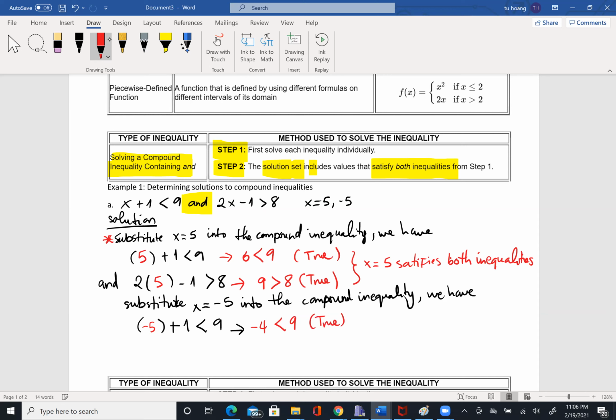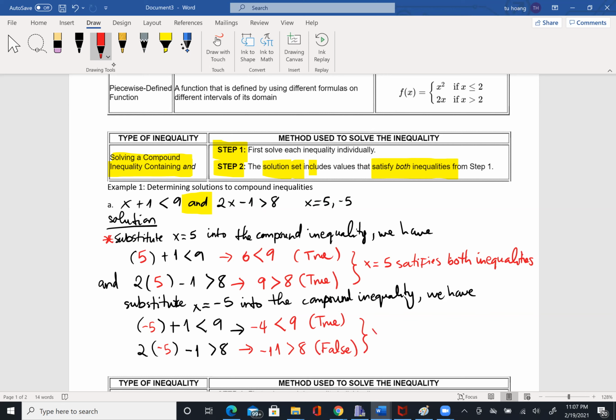Okay. What about the next one? I have 2 times x minus 1 greater than 8. Now x changes to be -5, and if I simplify it, I have -10 minus 1 going to be -11 greater than 8. Is it a true statement? No. It's going to say false.